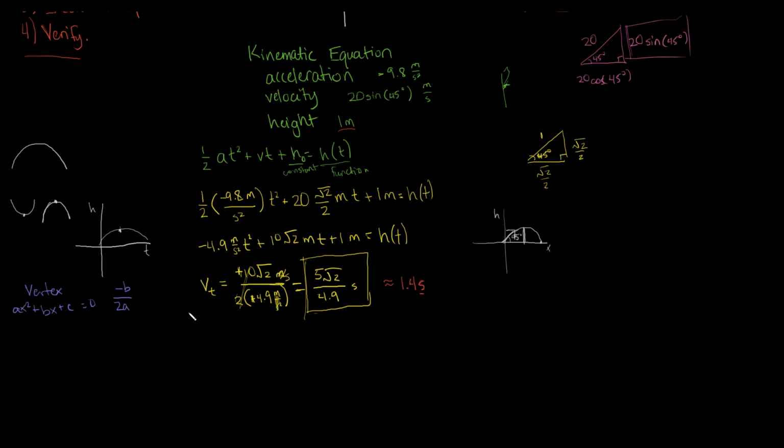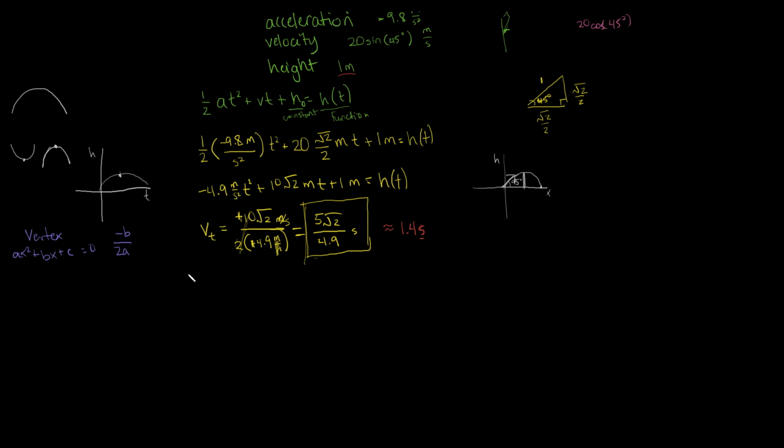But this is good news for us, because if we go back to our height of time function, we remember that we were finding height as a function of time. So if we found our maximum time, in theory, we should be able to plug this in. Let me go back to our yellow color. Let's plug our t max into our height function to find the maximum value for the height.